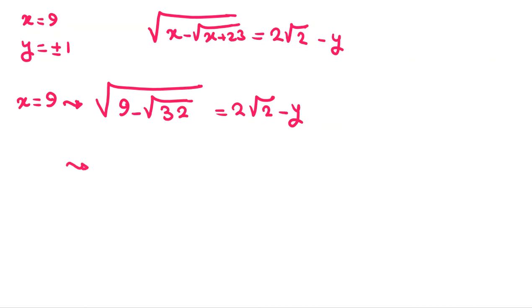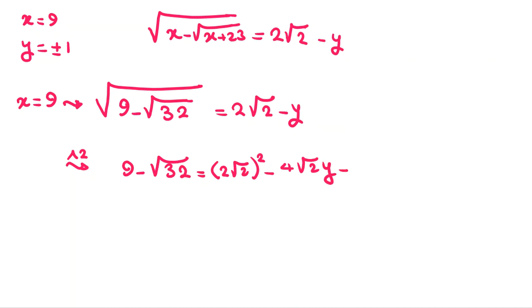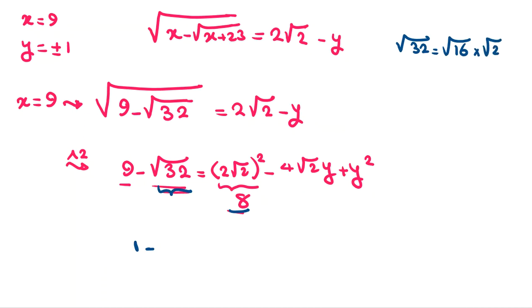So if we raise to the power of 2, the left hand side will be 9 minus root 32. Right hand side will be 2 root 2 squared minus 4 root 2y plus y squared. So 2 root 2 squared is 8. Okay, so 9 here we have 8. 9 minus 8 is 1, I write, and root 32, you can say it is equal to root 16 times root 2, which is 4 root 2.